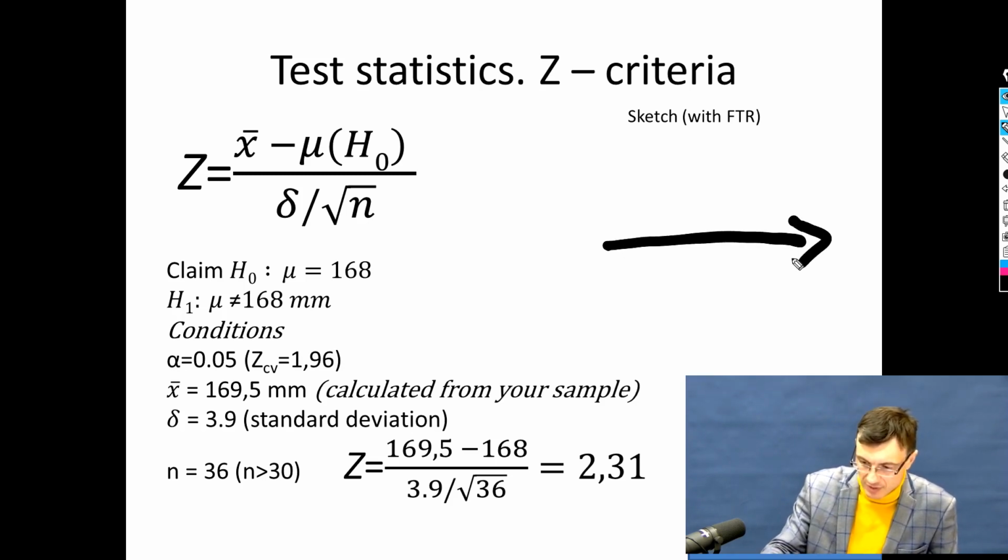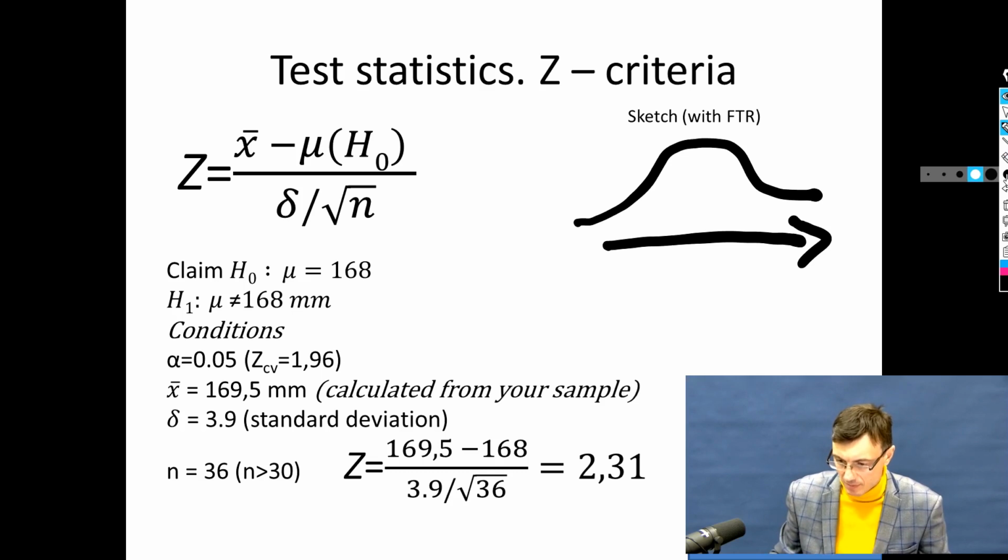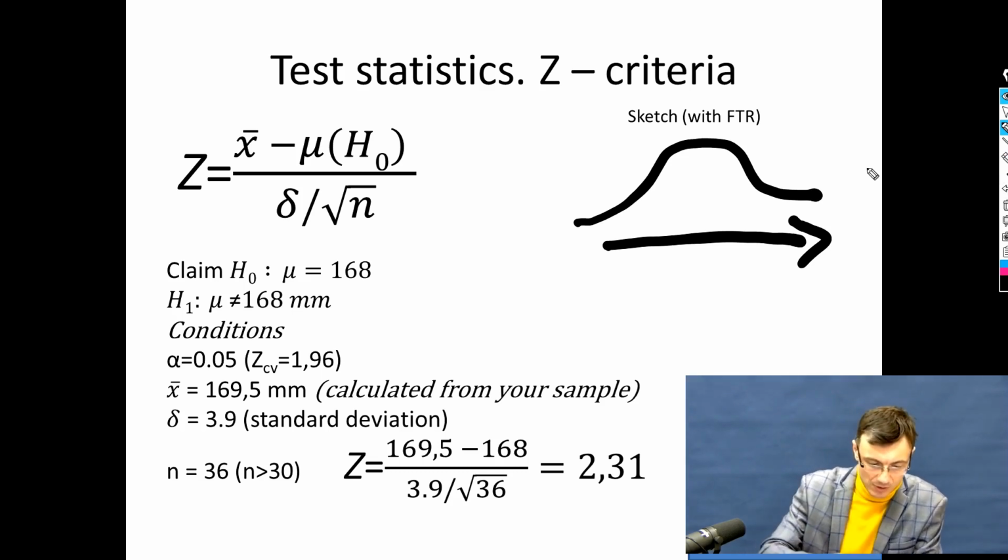Something like that, and we have some Z value and calculate by table, of course the same, because the level of significance is the same, so we have to place it here and this area.